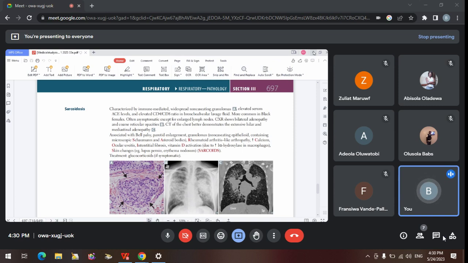It has been postulated that the main trigger for sarcoidosis can be environmental exposure to some antigens or some infectious diseases. So when they are exposed to the antigen, either from the environment or from the infection, you have the inflammatory response kicking in. So the CD4 plus cells come in as well as the macrophages. They try to engulf those antigens, and in the process, you start forming the granulomas.